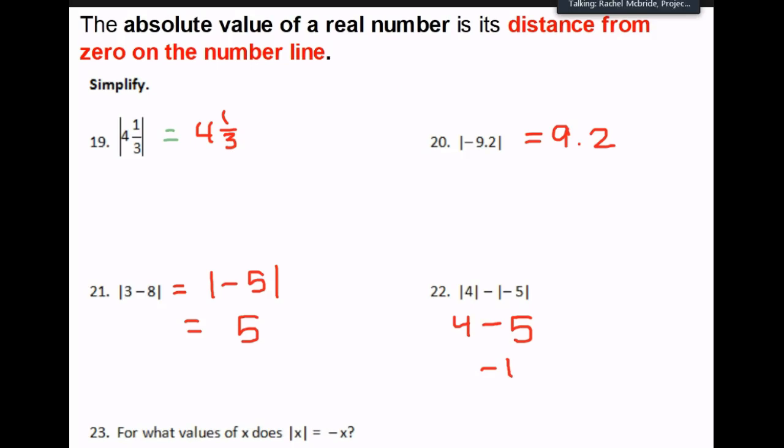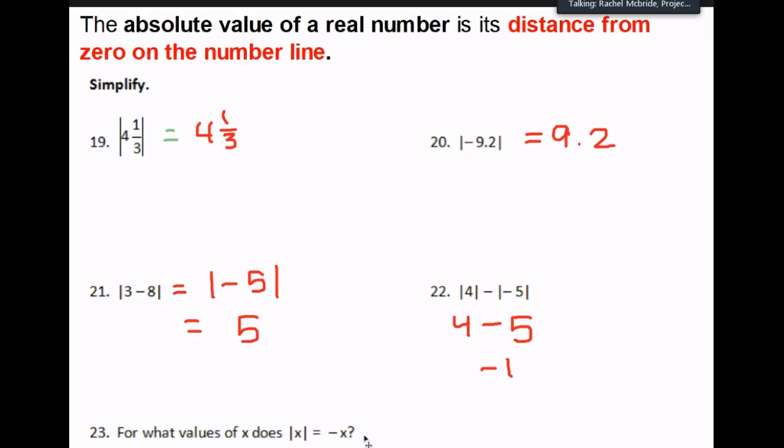Okay, and then down at the bottom it says, for what value of x does the absolute value of x equal -x? There's only one number in the universe that makes this true. One number with its absolute value also equal to the negative of that number. So special, what do you think, Logan? X isn't a number. That's a variable. Great, but I want to know what the number is.